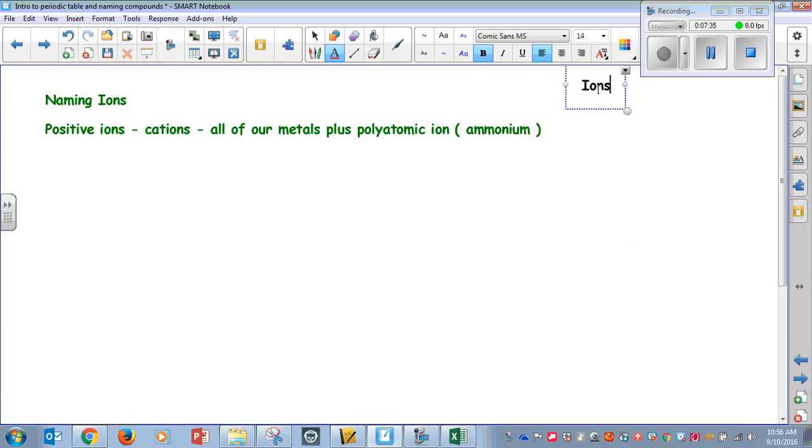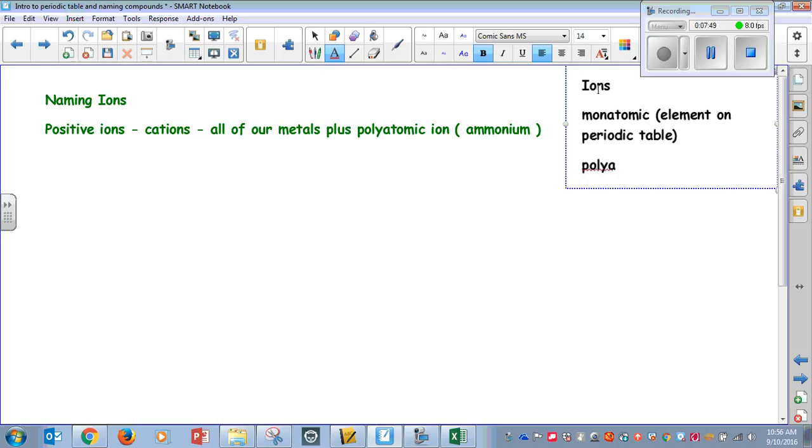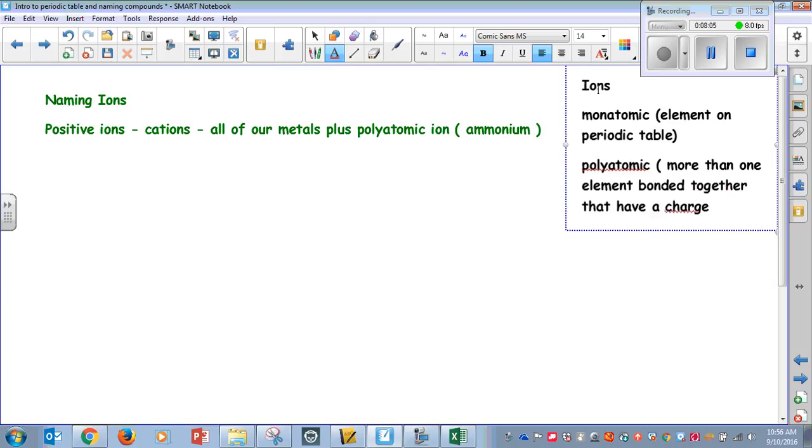Ions are either monatomic, that means it's an element on the periodic table, or they are polyatomic. The polyatomic ions are more than one element bonded together that have a charge. They act as a unit.